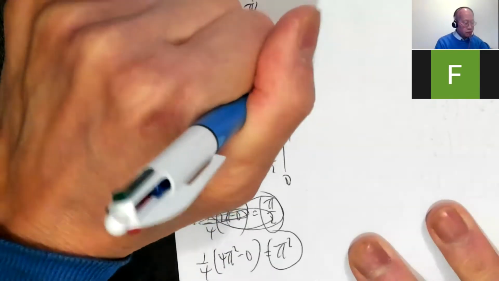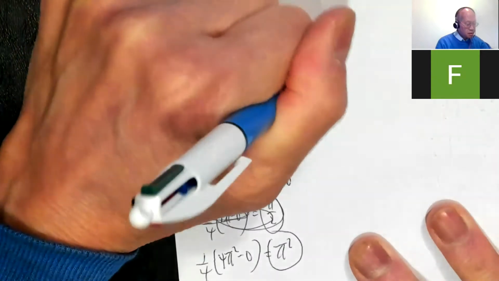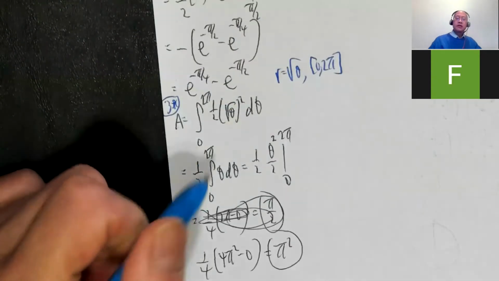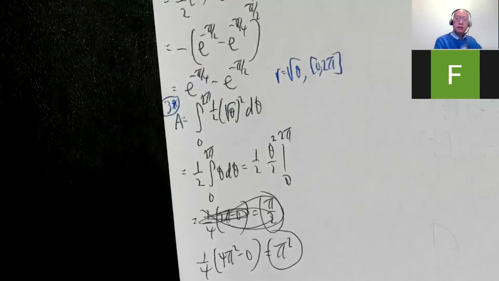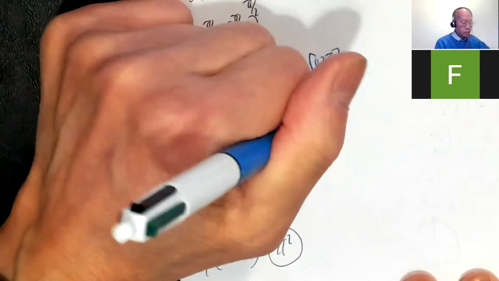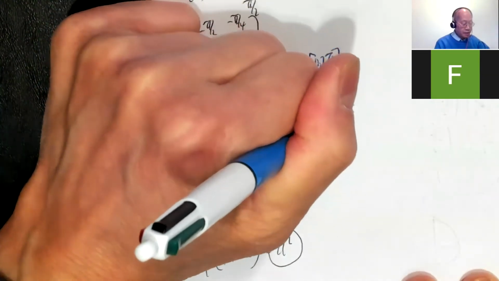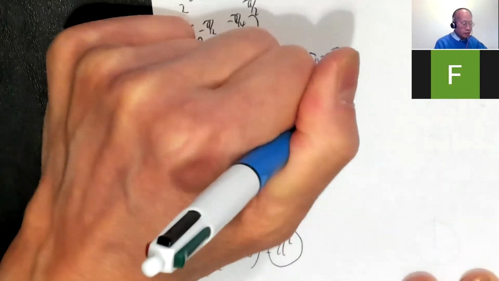The function was r equals radical theta between 0 and 2 pi, which incidentally is also spiral shaped. So if you were to graph it, it also looks something like this. So we're finding this area.